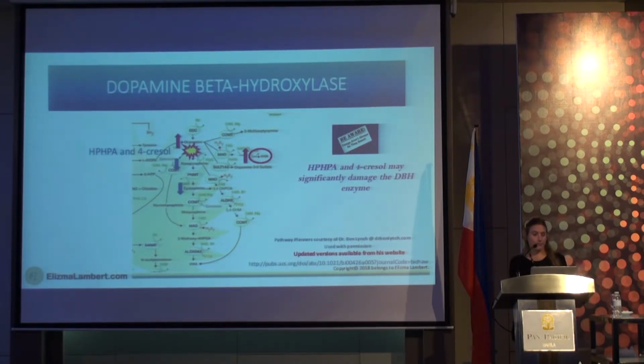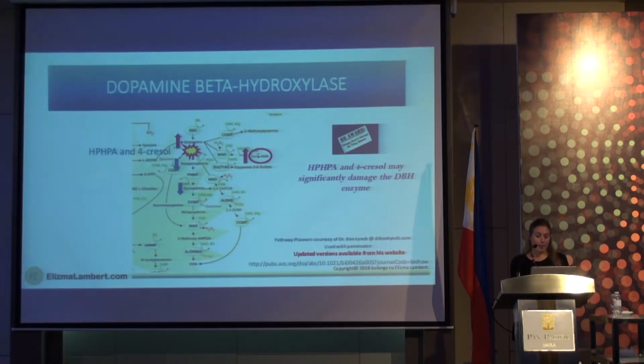Those two phenolic compounds, 4-cresol and HPHPA, are produced by these Clostridia bacteria. They bind to the dopamine beta-hydroxylase enzyme, which allows dopamine to accumulate and norepinephrine and epinephrine levels to drop, because dopamine has to be converted into norepinephrine and epinephrine down this chain of events. But now you get this inhibition happening right there, and that then does not happen.